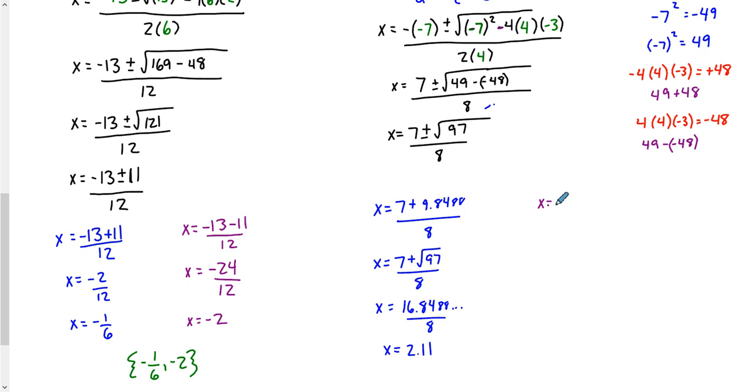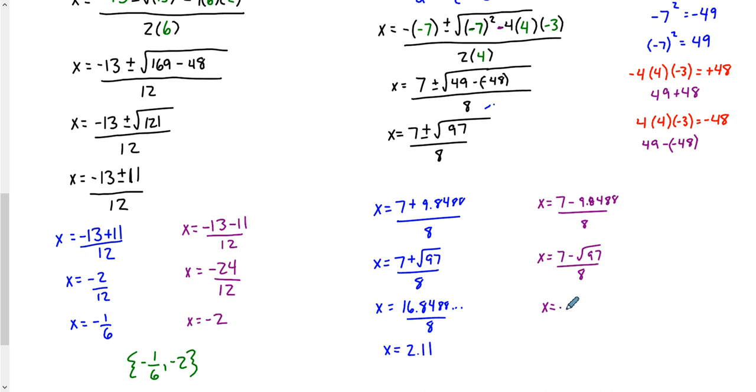Again, you can write this in two different ways. So we're not adding, we're going to have to do the subtraction part. So either we write it like that, or we can write it like this. Either way is good, but it's still going to be 7 subtracting the square root of 97.